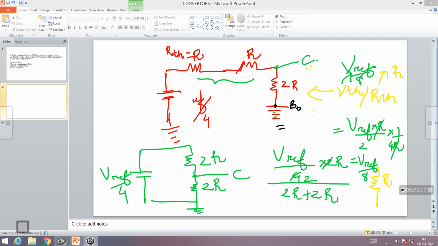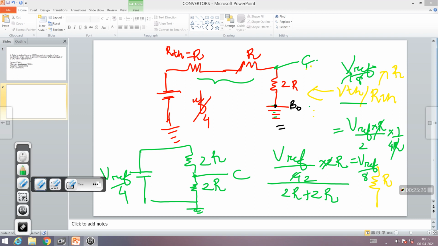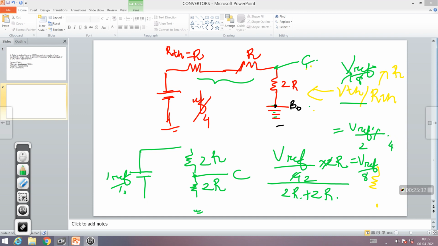Fine. So now this network, you wanted to find a VTH and RTH across this point. What you do is, you replace this entire network. Let me just erase this.